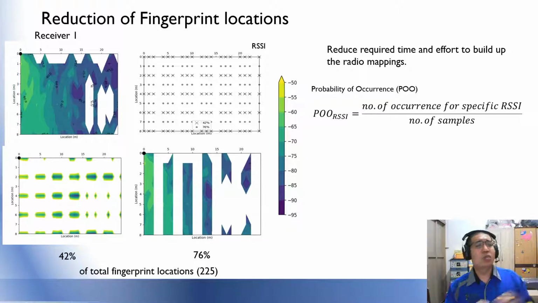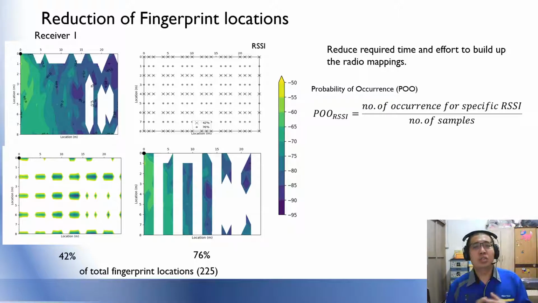In order to evaluate the feasibility of the RBF interpolation method proposed in this work, we have considered two different scenarios with a reduced number of fingerprint locations, which are 42% and 76% of the total number of fingerprint locations, as shown on the slide.